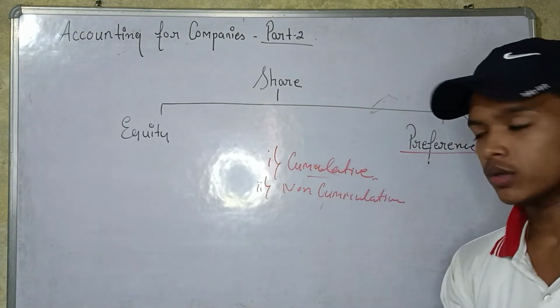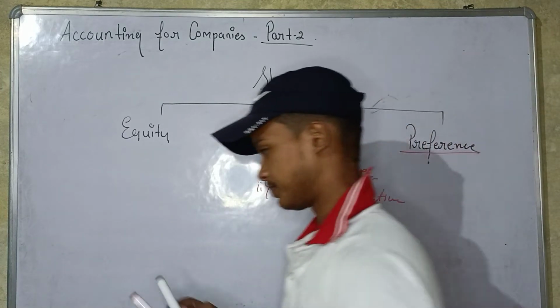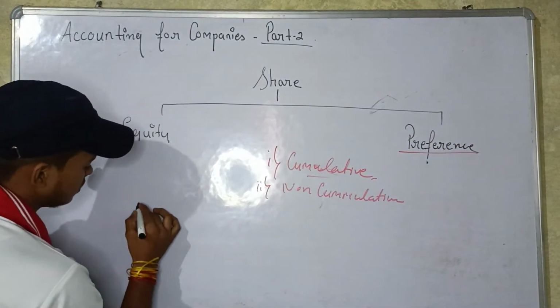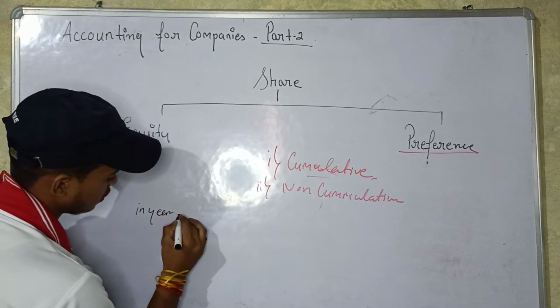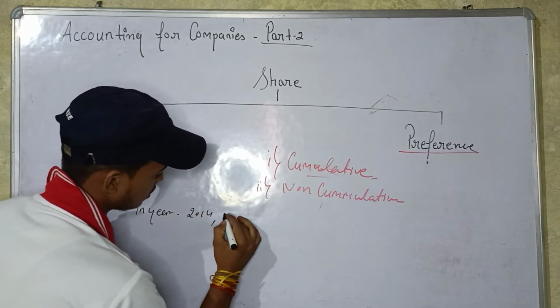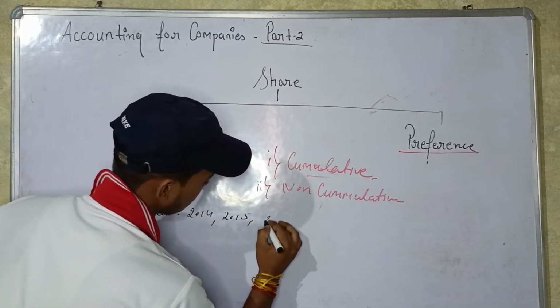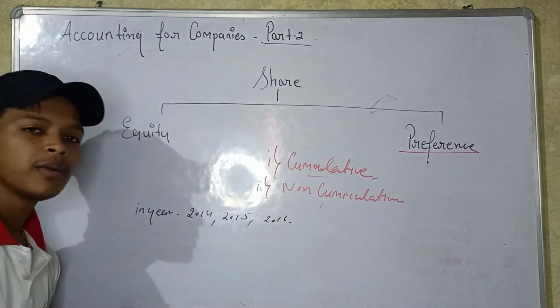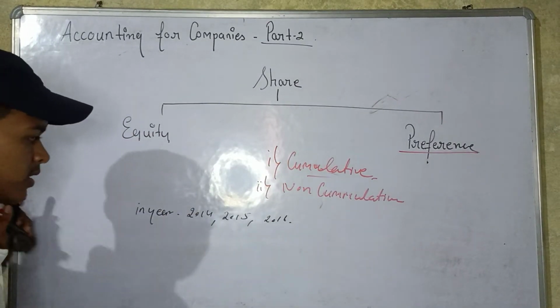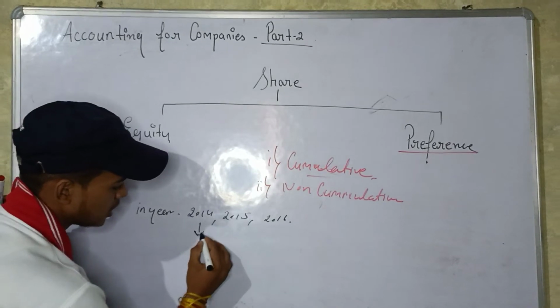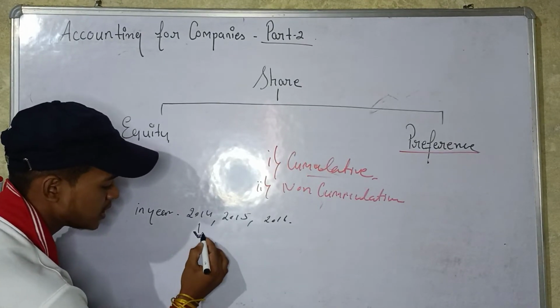Cumulative, non-cumulative. Cumulative means, suppose in years 2014, 15, 16, the company made a heavy profit, but it didn't give you a dividend.